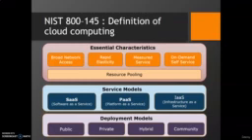Next we have the community cloud. The cloud infrastructure is provisioned for exclusive use by a specific community of consumers from organizations that have shared concerns. It may be owned, managed, or operated by one or more organizations in the community, a third party, or some combination of them.